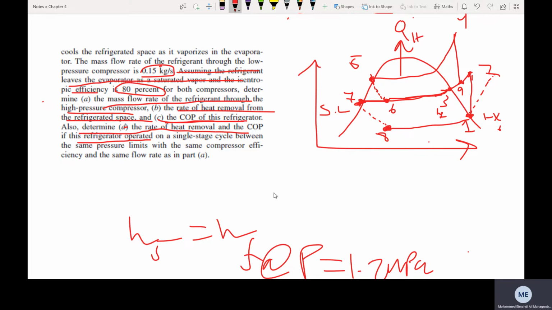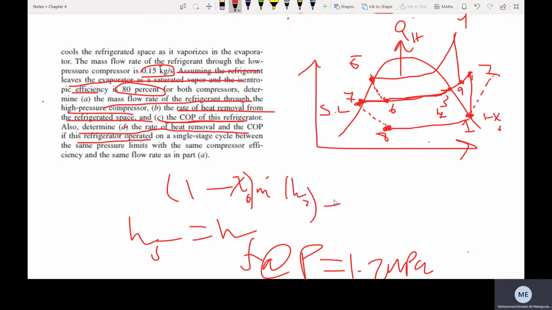How are you going to make mixing between points 2 and 3? I'm going to say that I have m dot at 2, which is 1 minus x6 multiplied by m dot, and then multiplied by h2.